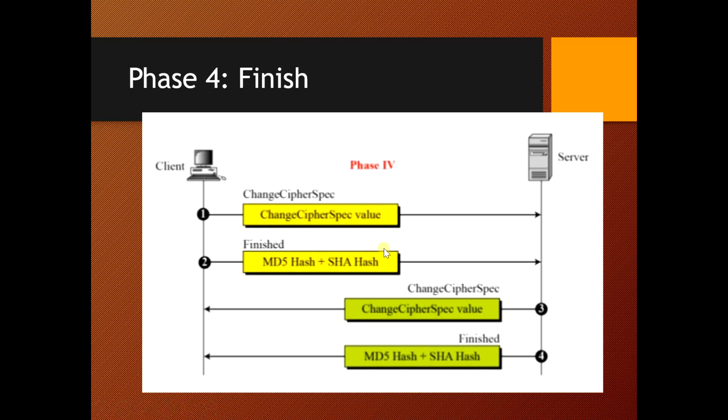This is not considered part of the handshake protocol but is sent using the change cipher spec protocol. The client will then immediately send the finished message under the new algorithms, keys and secrets, and this finished message verifies that the key exchange and authentication processes were successful.